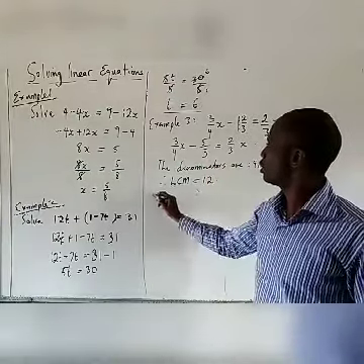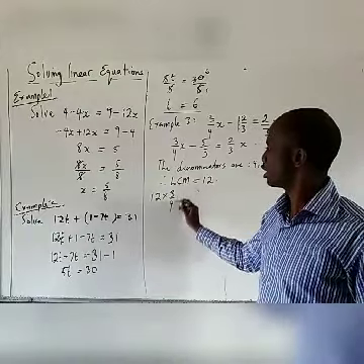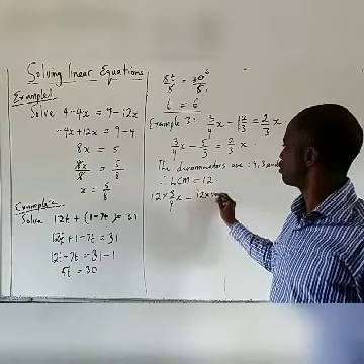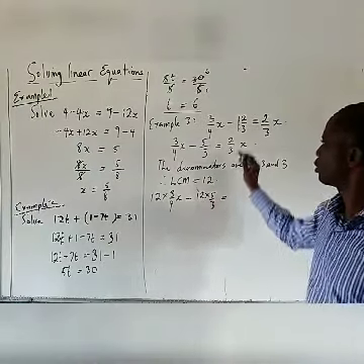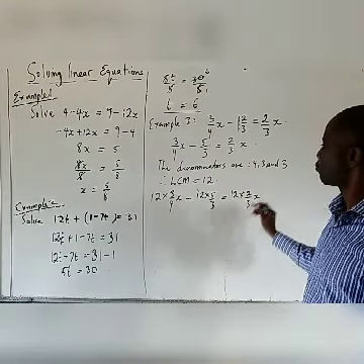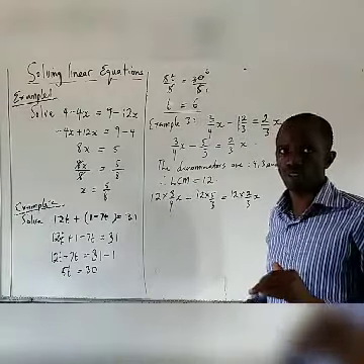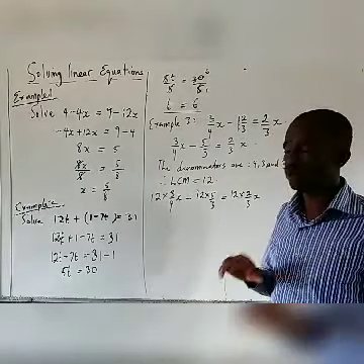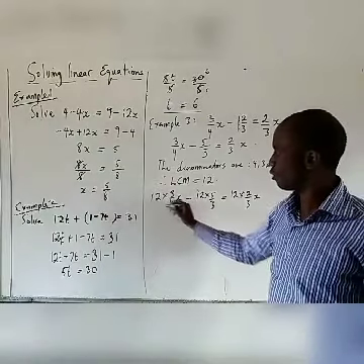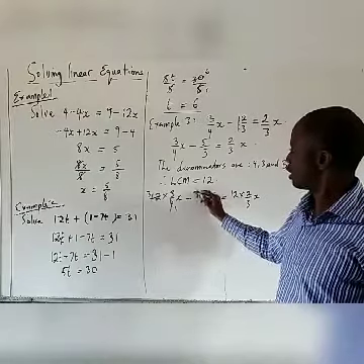So we'll be having 12, the LCM, times the first fraction, 3 all over 4x, minus the second one, 12 times 5 all over 3, equals the third one, 12 times 2 all over 3x. So with this now, anytime you do this, it will clear the fractions off. You will now have a linear equation. So this 4 will go into everything in the denominator. 4 here 1, 4 here is 3. 3 here 1, 3 here is 4.